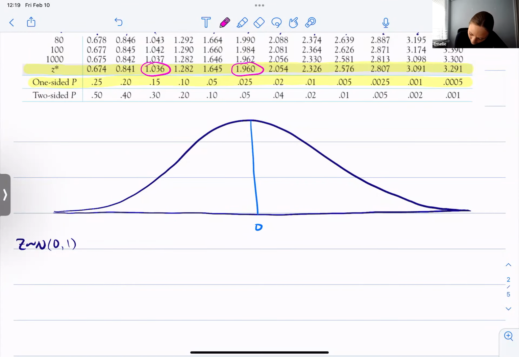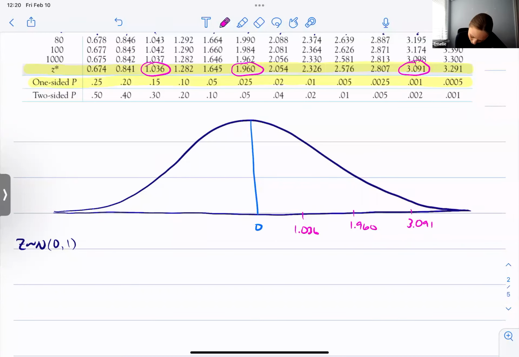Maybe this one and this one. So let's see, 1.036, 1.960, and 3.091. Just remembering that this is a number line, and I'm starting with the positive values because we have the positive values in the table, right?